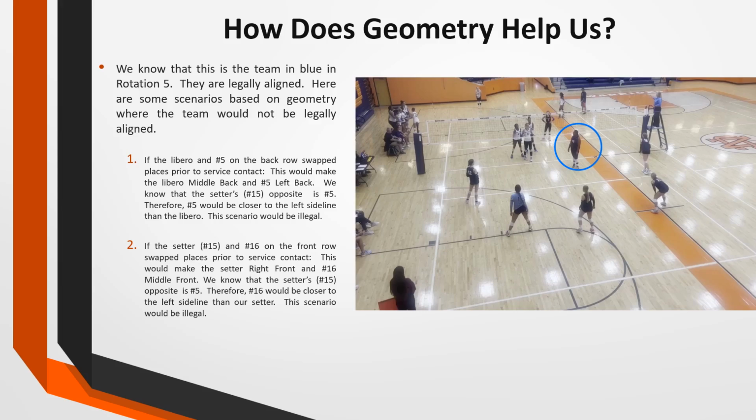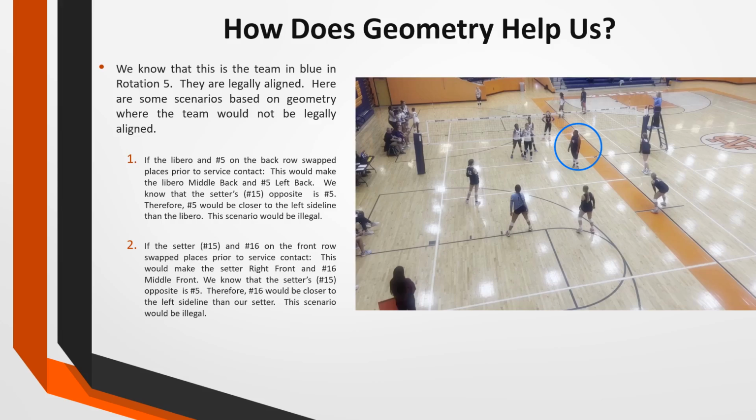Now, how does the geometry help us? We know in this image that our team in blue and rotation 5 are legally aligned. Let's consider the same scenarios that we did on the previous slide. Libero and 5 on the back row swap positions.